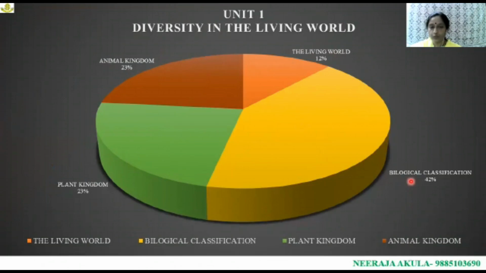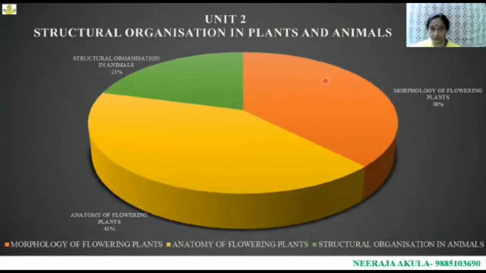Next we move to unit 2, structural organization in plants and animals. It is having 3 chapters: morphology of flowering plants, anatomy of flowering plants, structural organization in animals. Maximum number of bits are contributed by anatomy of flowering plants.